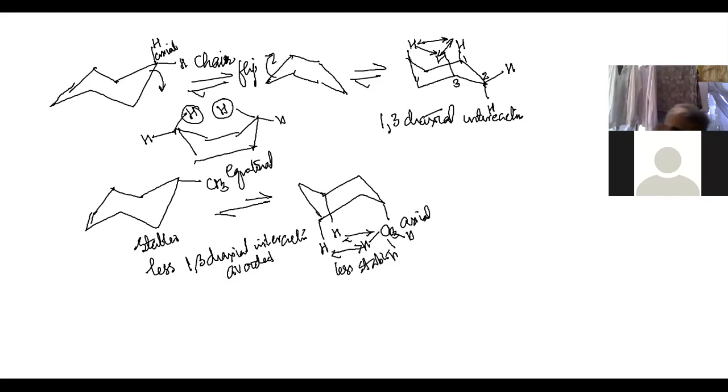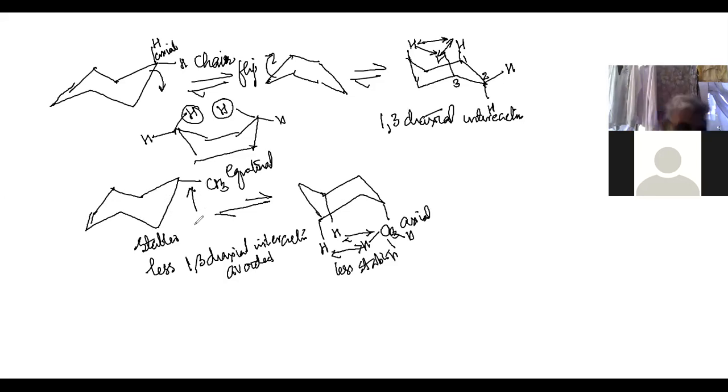So in methylcyclohexane, the methyl group will prefer to occupy the equatorial position rather than the axial one. So the equilibrium will be shifted towards the more stable form.